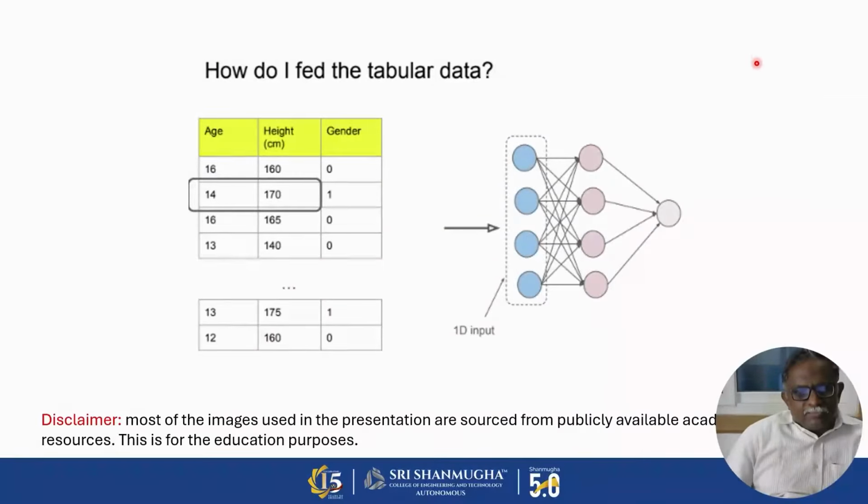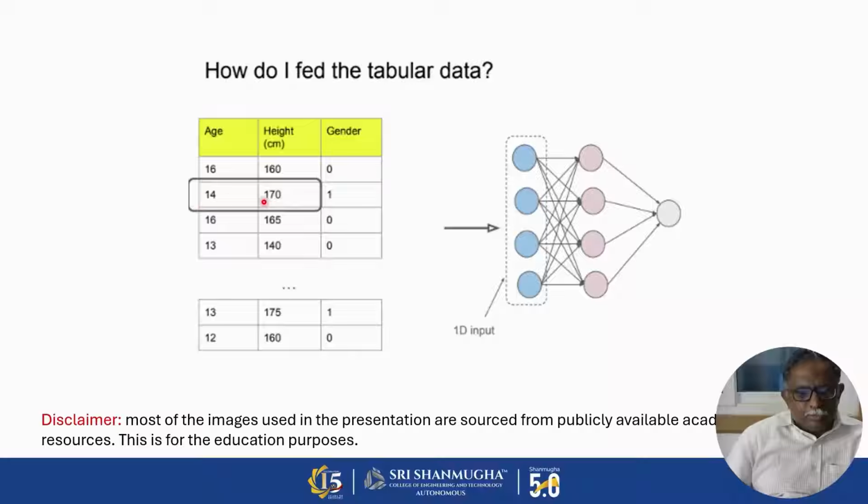In the last class we discussed the multi-layer perceptron, and that neural network architecture cannot be used for image and video analysis. If you look at this tabular column, age is one of the features, height is also one of the features, and gender is a label.